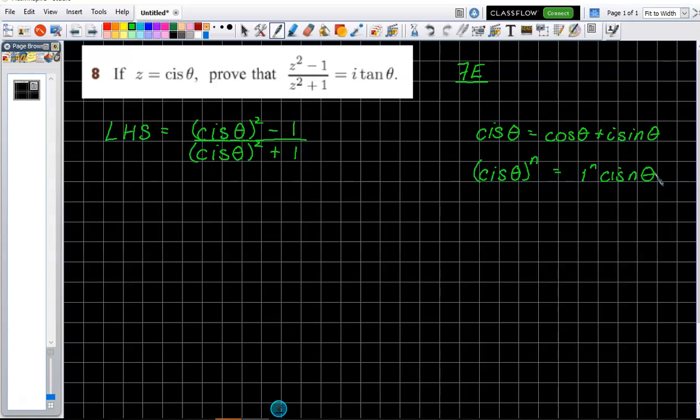So we've got good and bad with each one. If we replace it with cos theta plus i sine theta, we have to expand that. If we go with cis theta squared, we get cis 2 theta, which then again is going to become cos 2 theta plus i sine 2 theta.